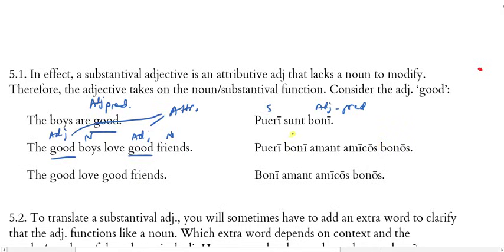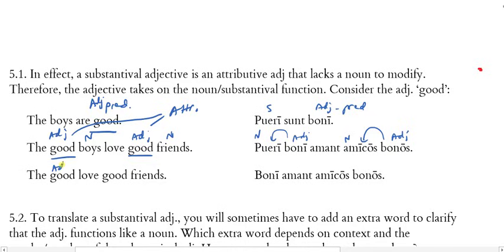Okay, so my adjective is directly modifying my noun here in an attributive way, but there is a noun that accompanies the adjective here. Now take a look at the last example. We have the good love good friends.